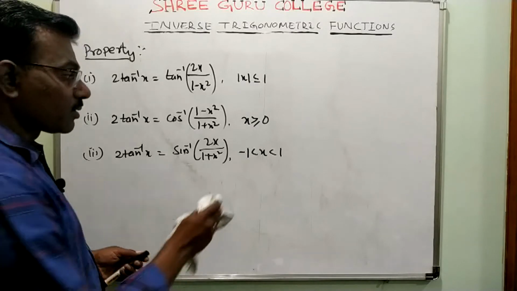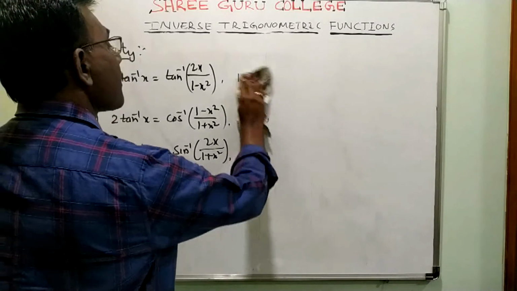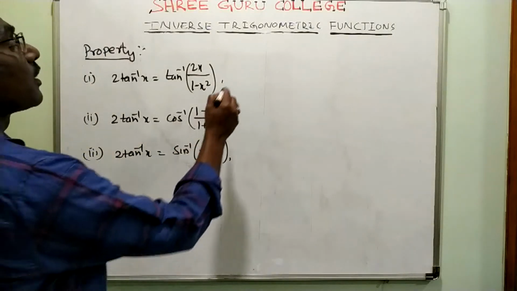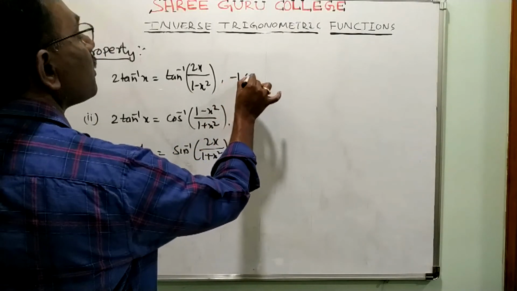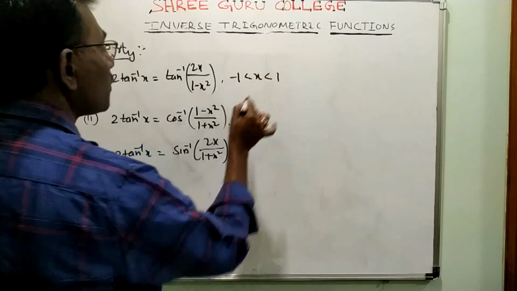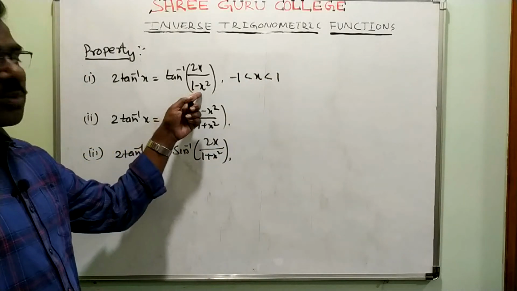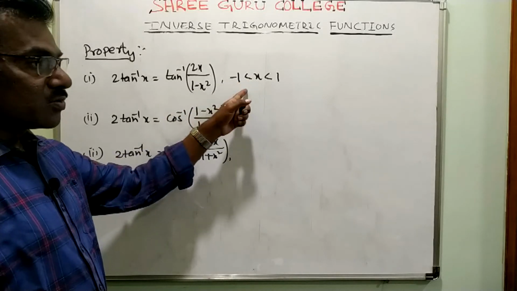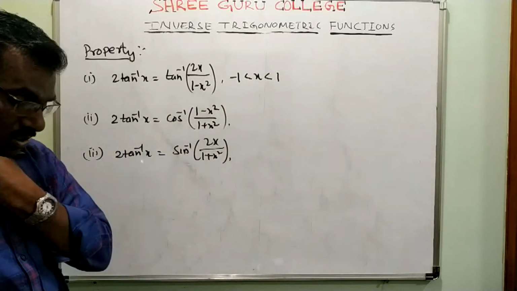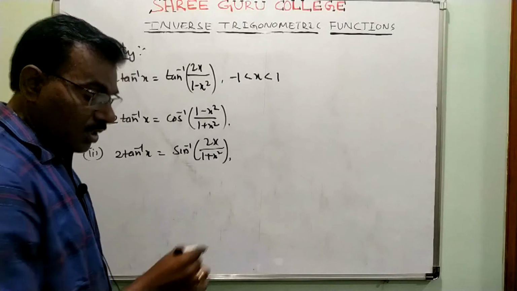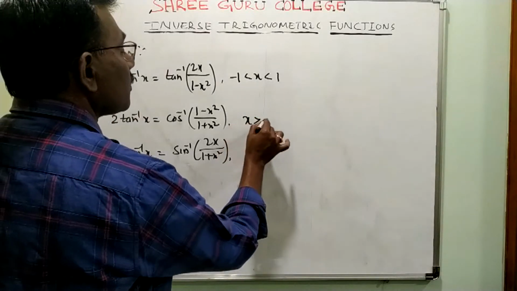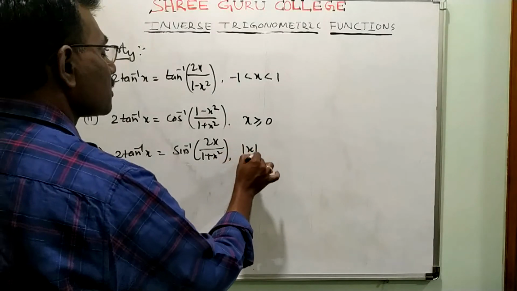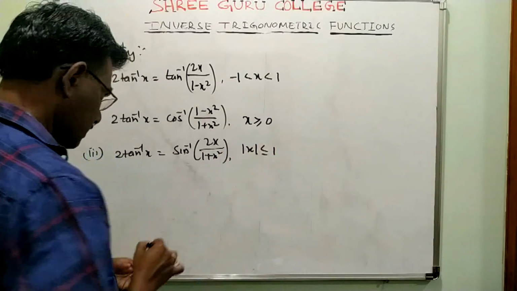For the first one, x lies between minus 1 and plus 1. Even 1 is not possible because it goes to infinity. For the cos inverse form, x is greater than or equal to 0 and modulus of x is less than or equal to 1.